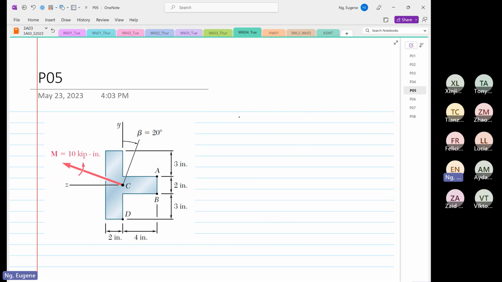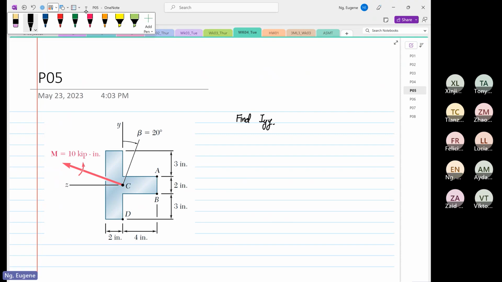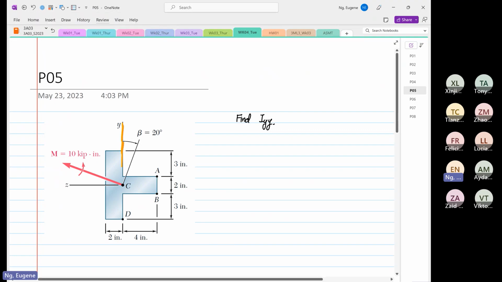Okay, we're going to determine Iyy. So when we say Iyy, the axis of interest is this axis, the y-axis. So this is the axis of interest.